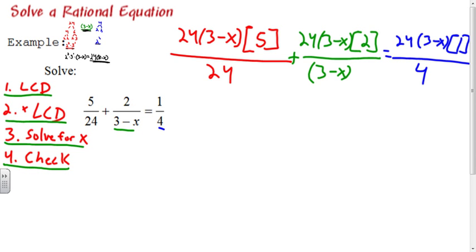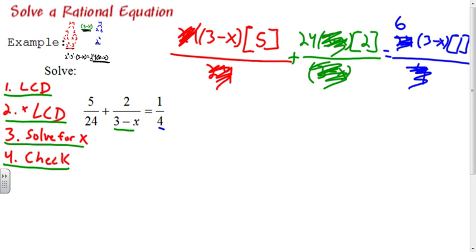Now from here, all we have to do is divide things out, 24 and 24. Here we have 3 minus x and 3 minus x. Here 4 divides out with our 24, so this just becomes 6.